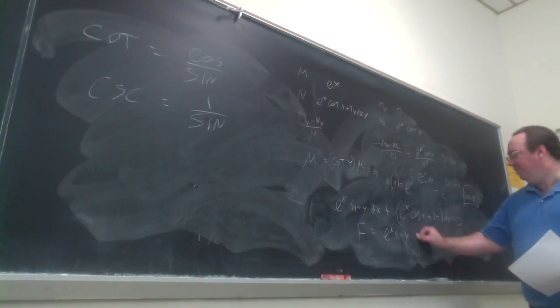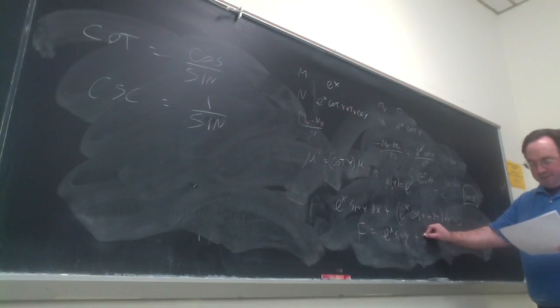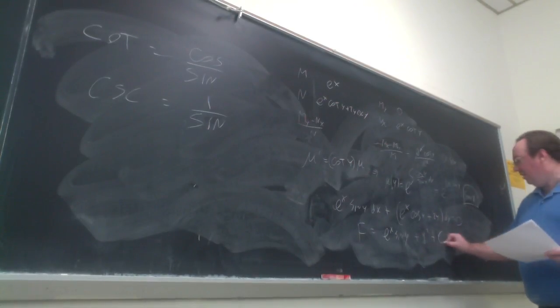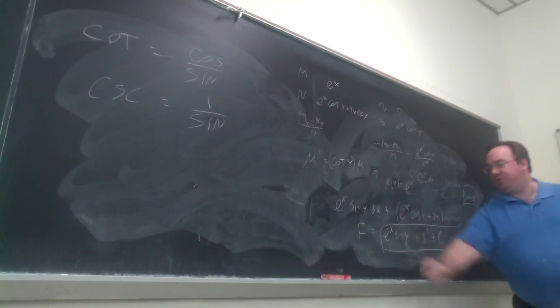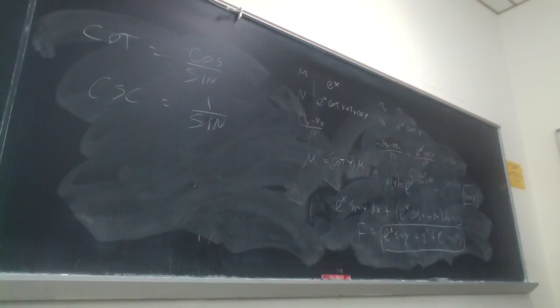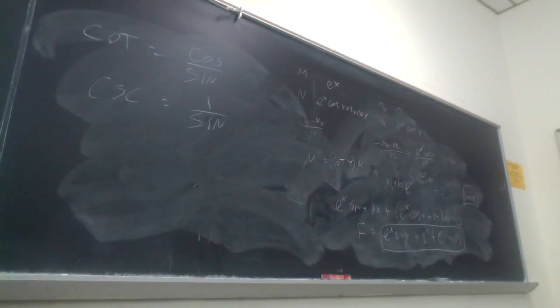When you work out this part to get your g of y, you end up with just y squared. So that ends up being your solution in implicit form. It's not possible to solve for y in this case.